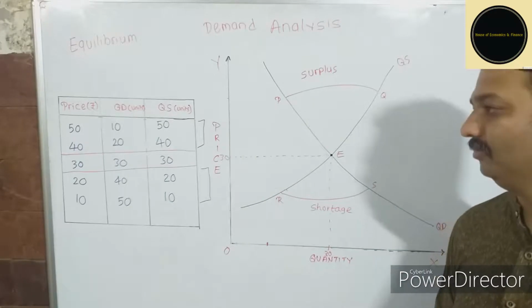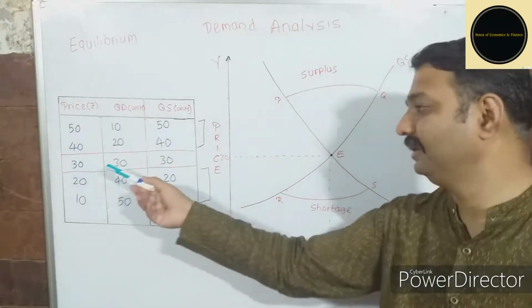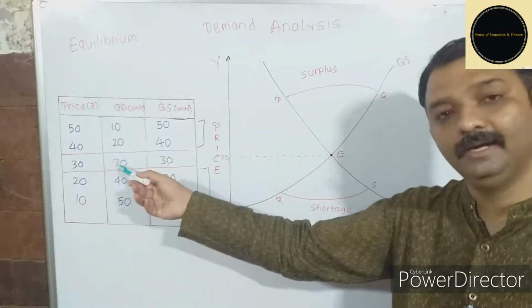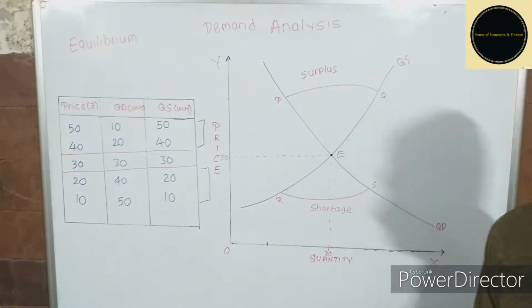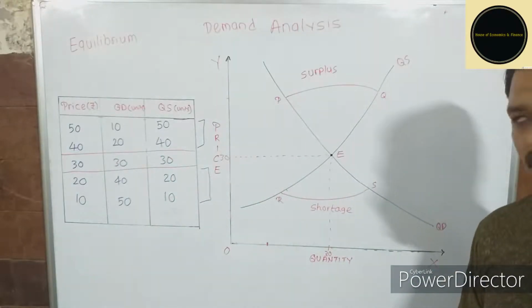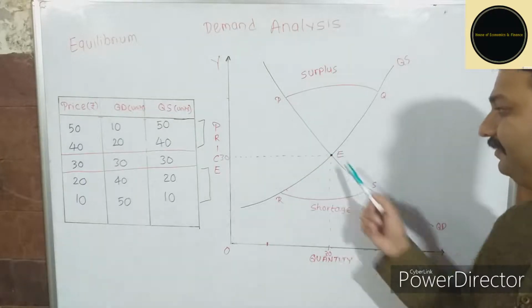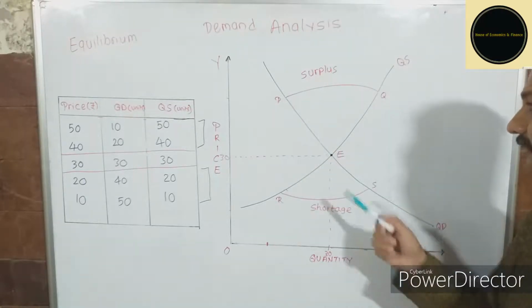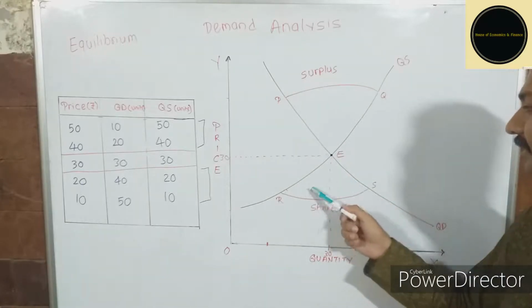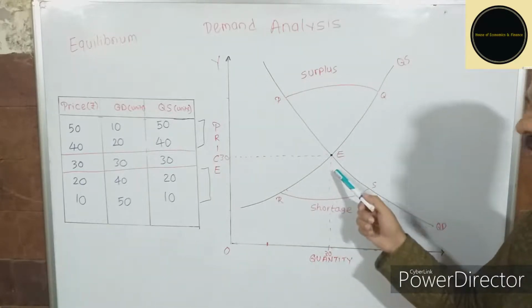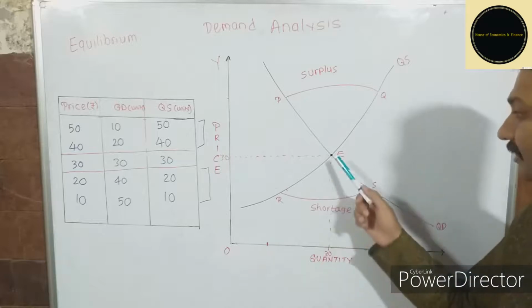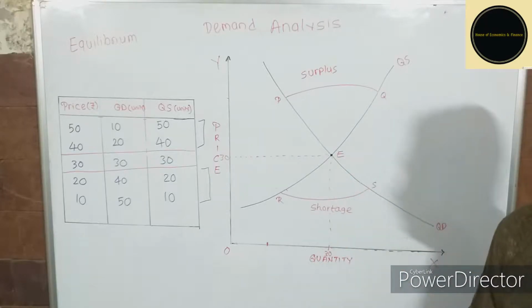So at price 30, the quantity demanded in the market equals the quantity supplied. It is represented by this point E, which is called equilibrium. Here you can see on the graph also, the demand curve and supply curve cut each other at point E, where the quantity demanded is equal to quantity supplied.